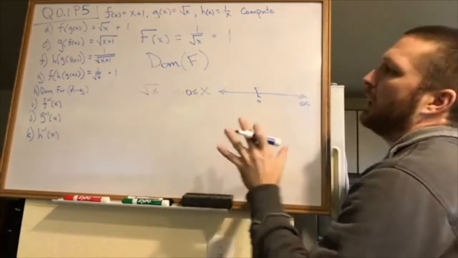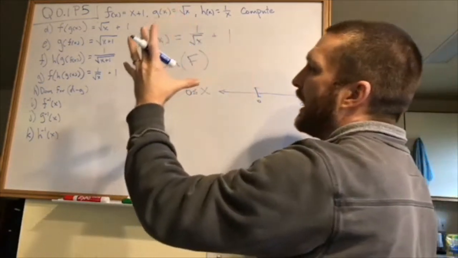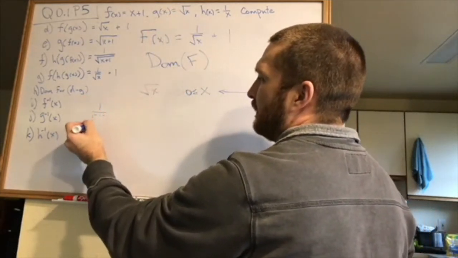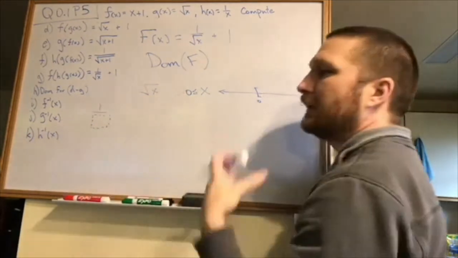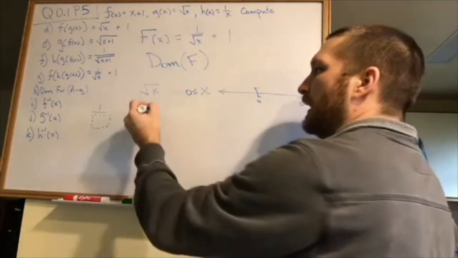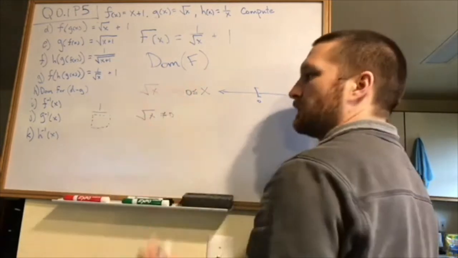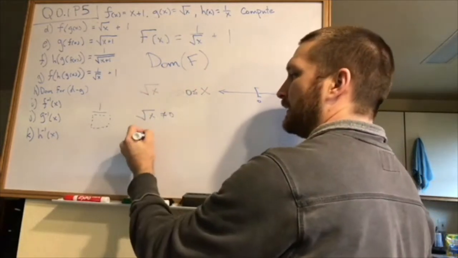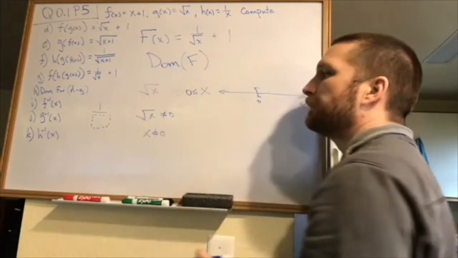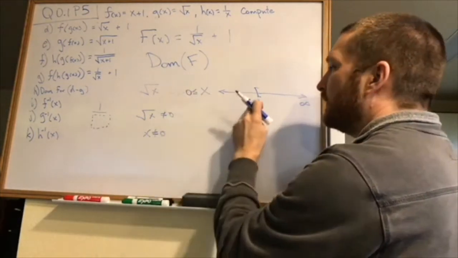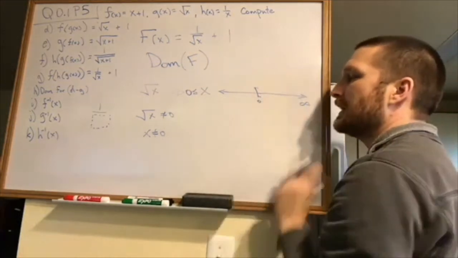But now, as I start looking on the way out, I see that, well, since it's 1 over that stuff, I know that whatever's in there can't be equal to 0. And so then square root of x cannot equal 0. And we've done this before, right? That means that x cannot equal 0. And so in that case, we have to get rid of the one place on here where it does equal 0.